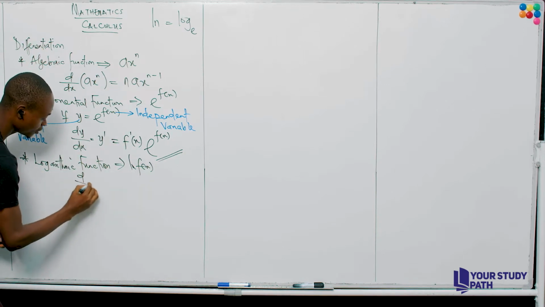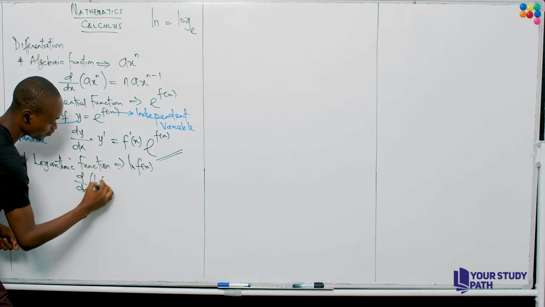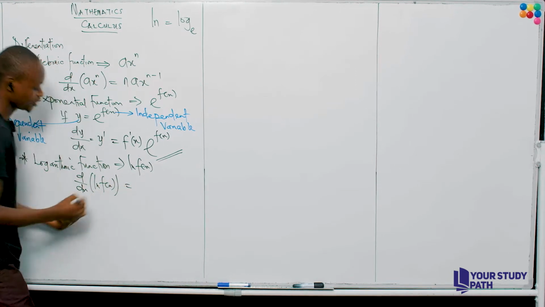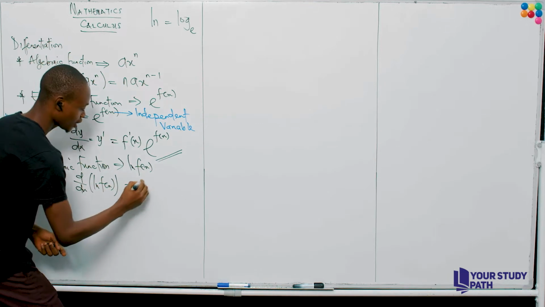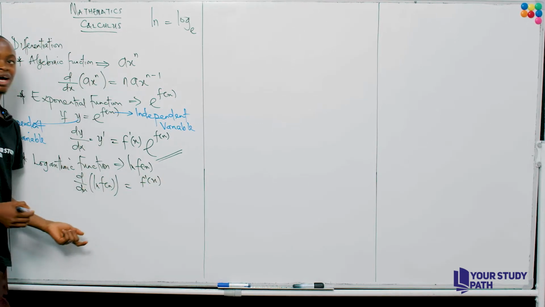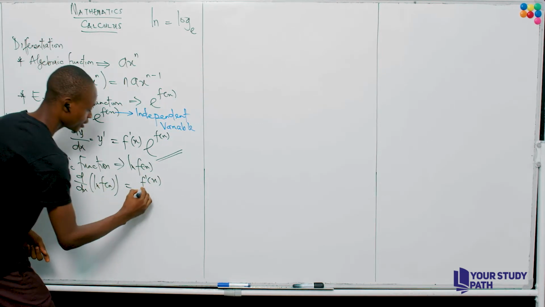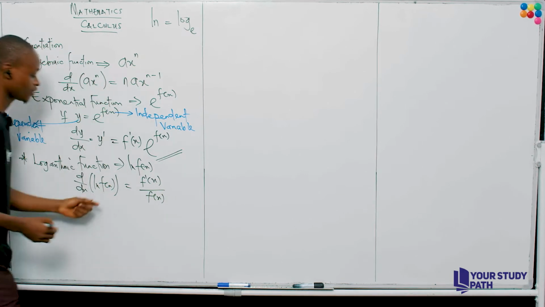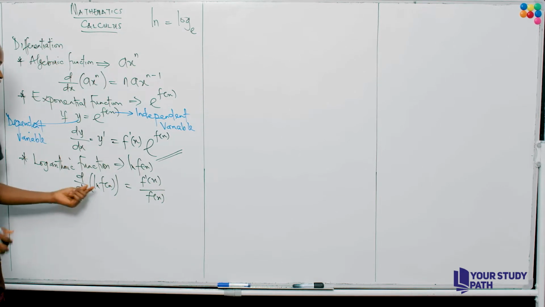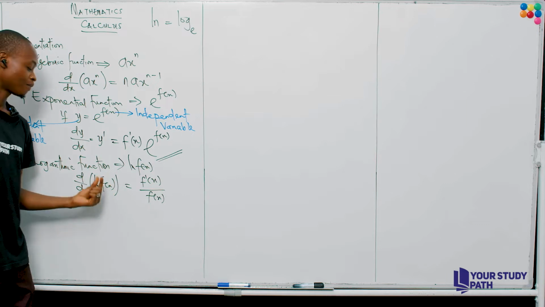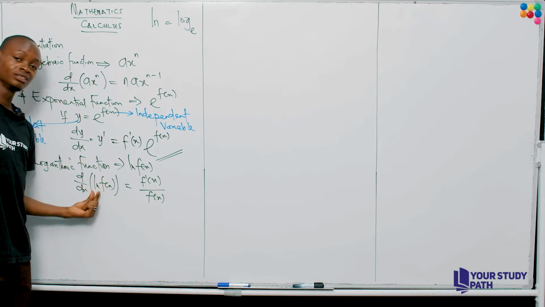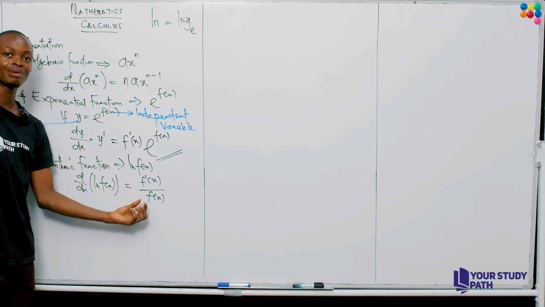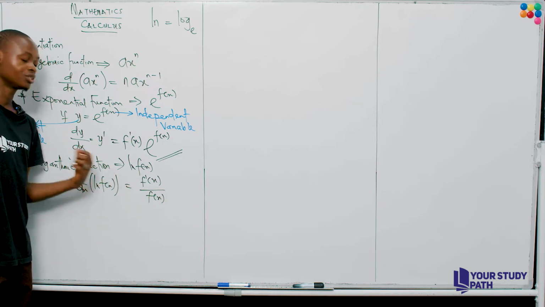The differential of this logarithmic function is, in fact, the differential of this inner function, f prime of x, and then divide it all by the function of x. So in this case, we are not dividing it by the ln, but just by the inner function itself.